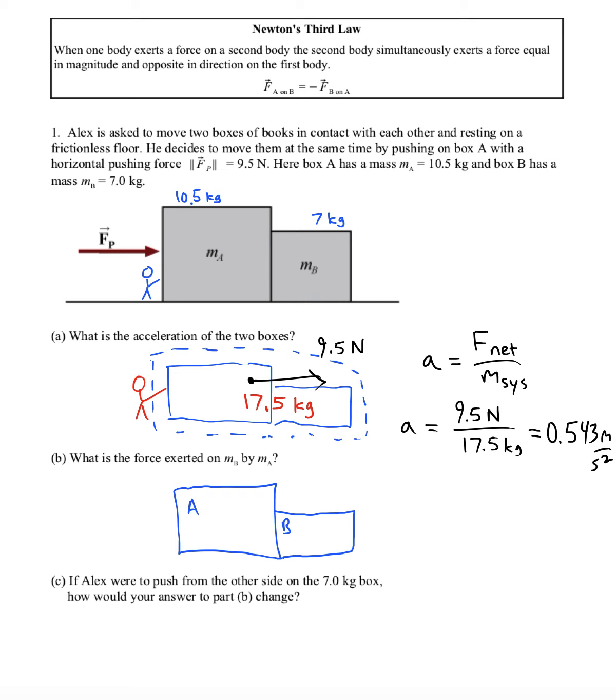The answer is B is actually going to be easier to analyze because there's only one force acting on it that's in the horizontal direction. But who supplies that force? Well, it's not Alex because Alex is not in contact with block B. Alex pushes on block A, and block A in turn pushes on block B.